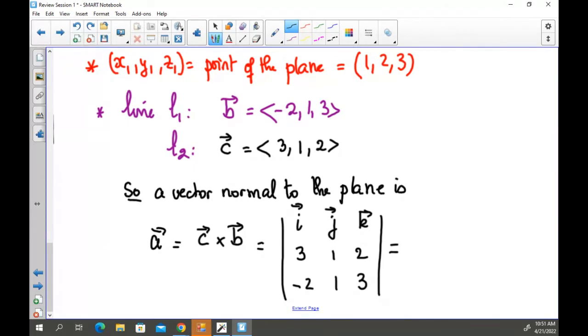So let's find this vector now. What will it be? It's going to be 1. And then 9 minus 11, I think, yes? Not minus 11, sorry, minus 13.